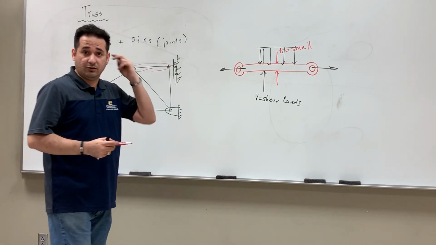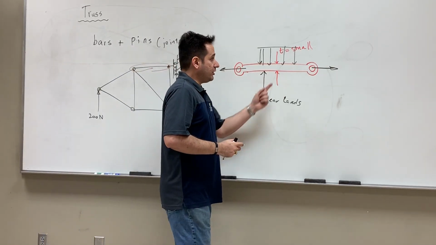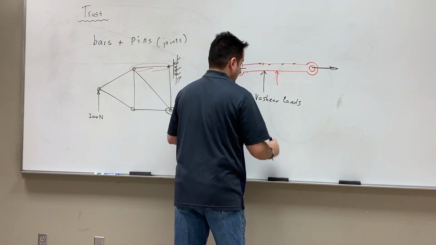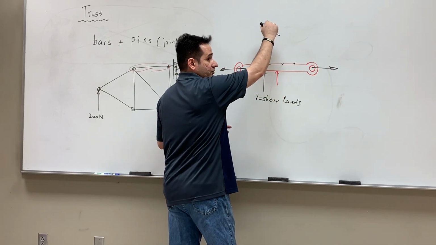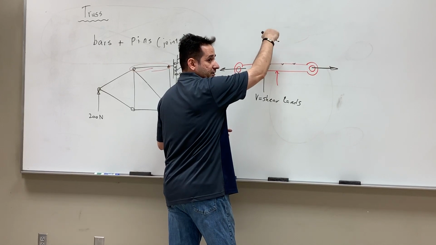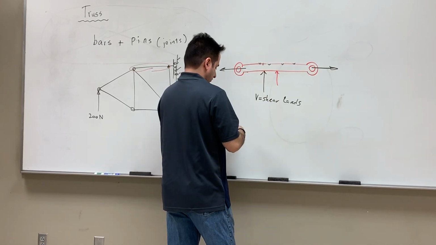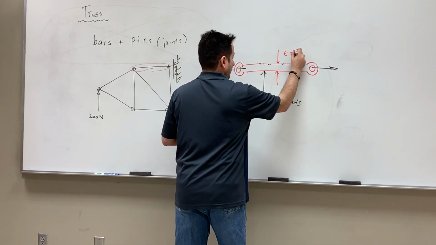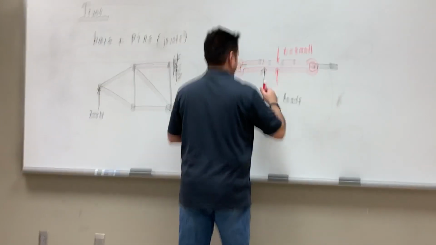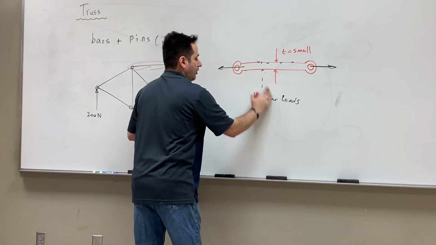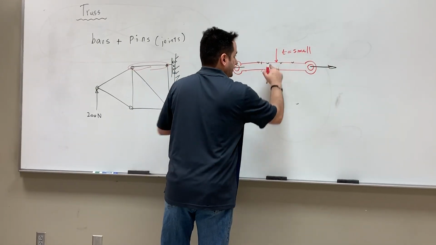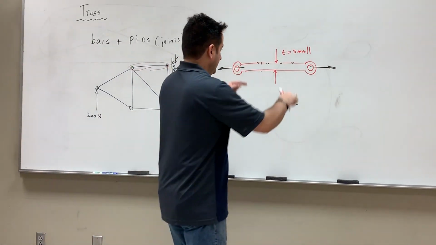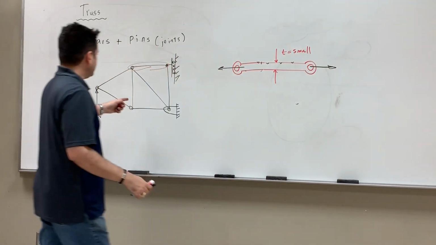But here, because the thickness is small, they assume that this structure won't be able to accept the shear load. T is small, because it's a small value. So your load is always like this. When you draw the FBD, the load is axial, right?